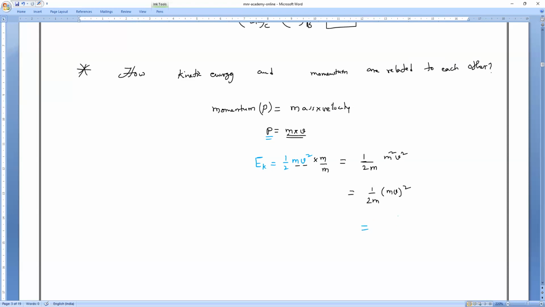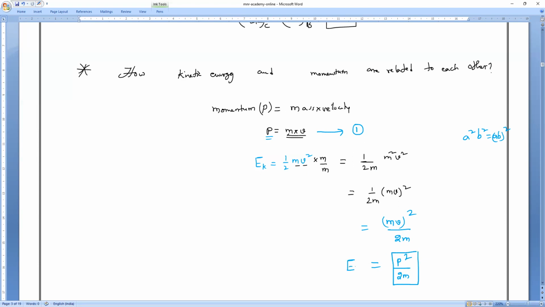Understand? m square v square: a square b square I will write as ab whole square. So now what will happen? (mv) whole square divided by 2m. We all know that mass into velocity is equal to what? Momentum. Understand, everybody?